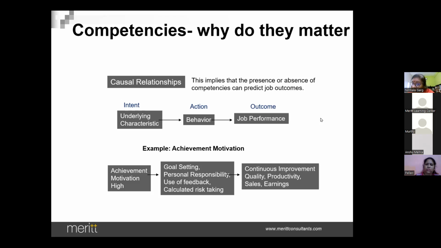Got it? And if you are an HR manager, on the job performance you are able to bring consensus building, because you will be dealing with a lot of stakeholders. HR is only a facilitator.